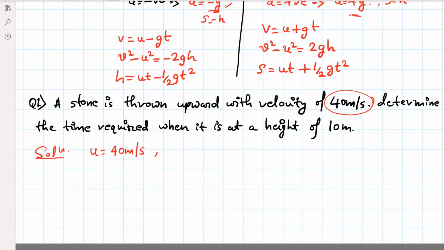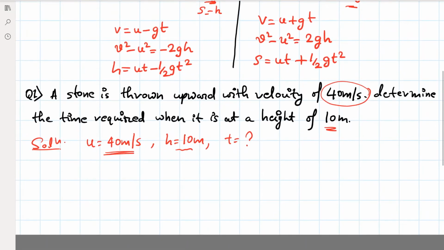Then the given height is 10 meter. So we have to calculate the time, at what time it is at a height of 10 meter. If I throw one object at a velocity of 40 meter per second against gravity, at what time will it be at a height of 10 meter.